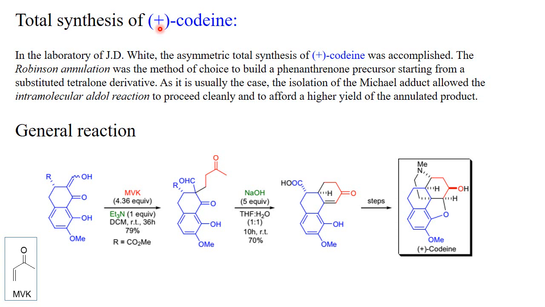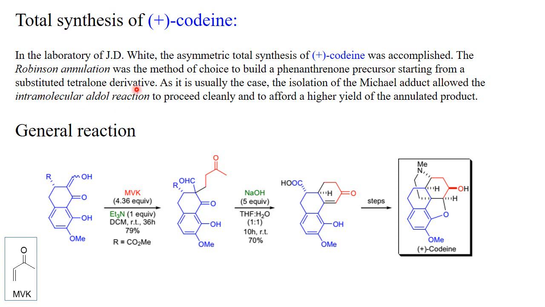This plus sign and that negative sign are not arithmetic signs, but the plus before the name of the compound shows a dextrorotatory compound, and the negative sign before the name of a compound shows levorotatory behavior of that compound. So codeine is a dextrorotatory compound.